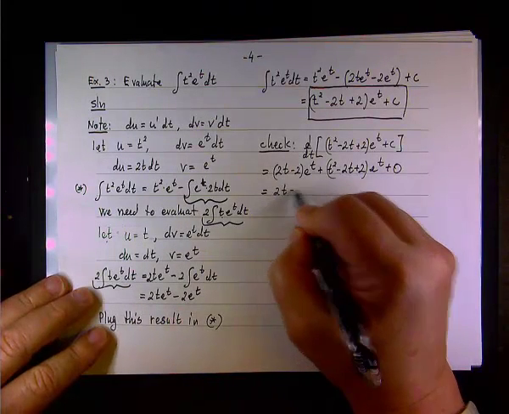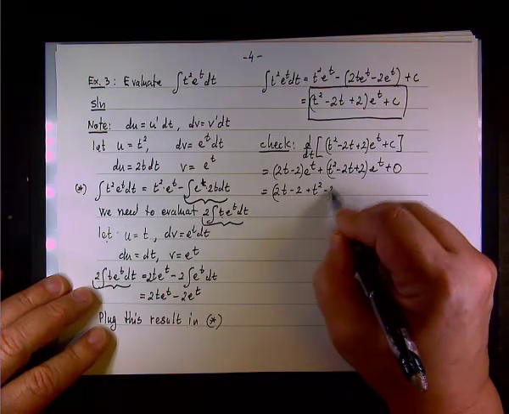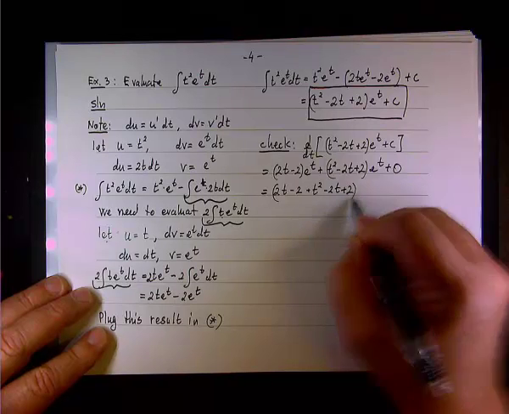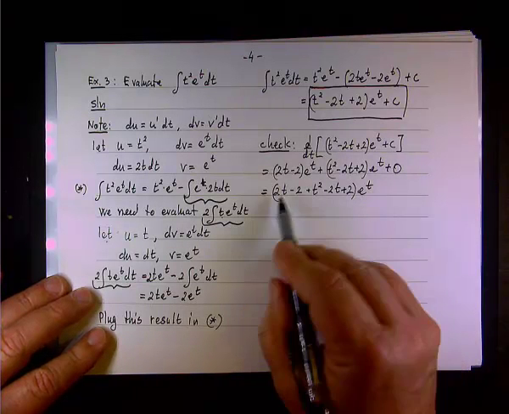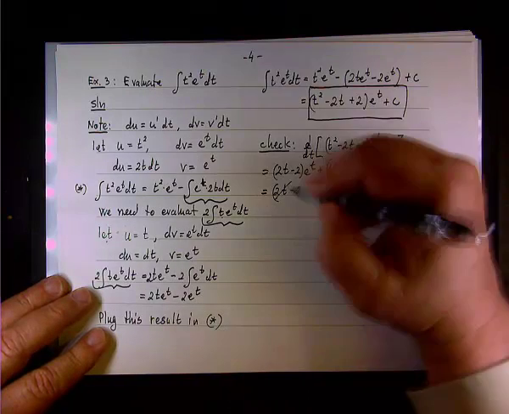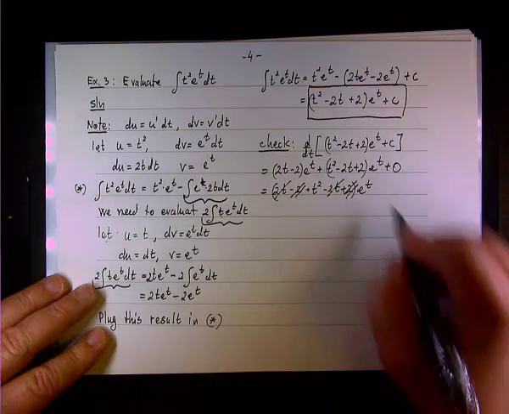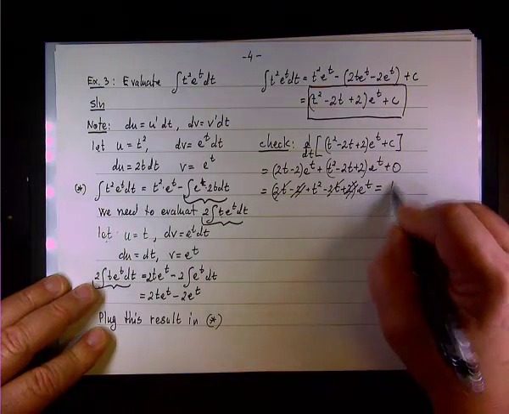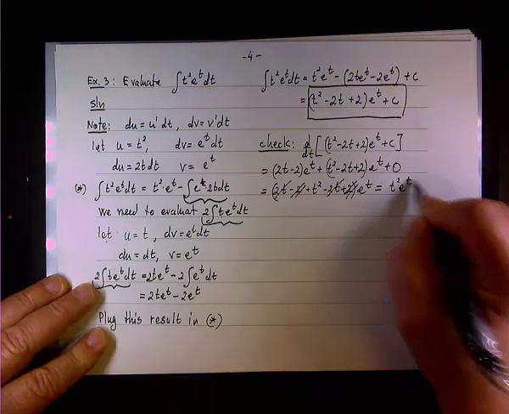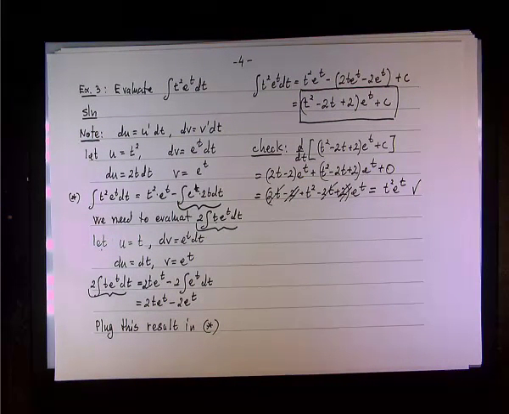And now factor out e to the t and get 2t minus 2 plus t squared minus 2t plus 2 times e to the t, and 2t minus 2t reduced, and negative 2 and positive 2 are reduced, and we end up having t squared e to the t as advertised.